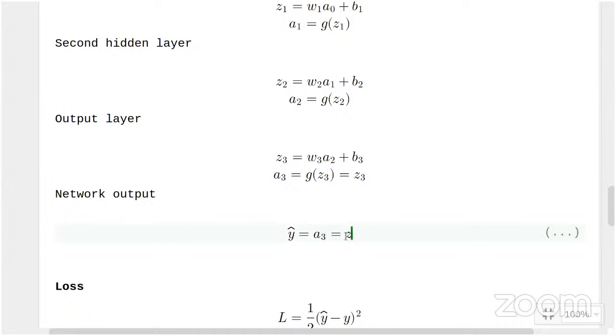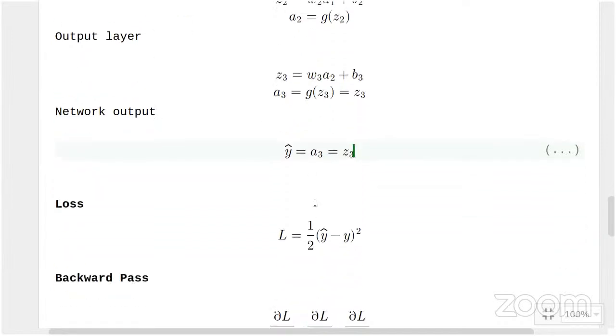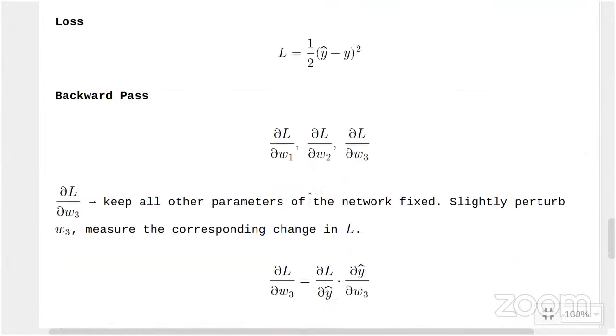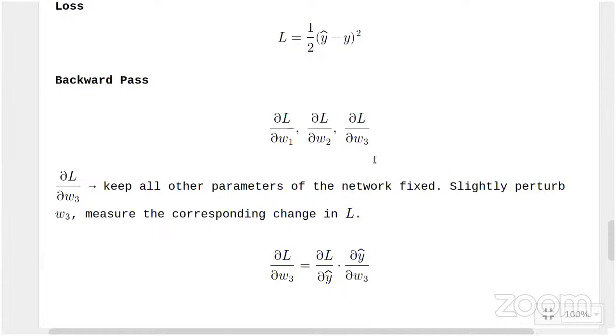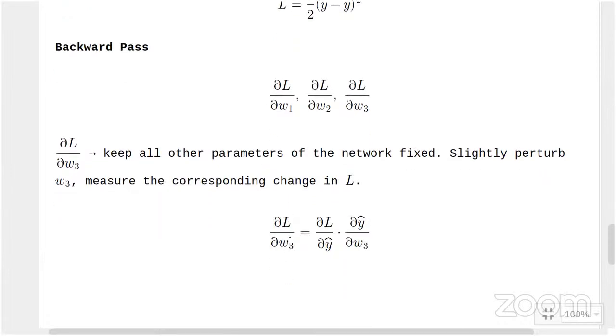So y hat depends on W3. If I move W3, I'm going to move y hat. If I move y hat, I'm going to move L. So I am chaining these dependencies together, and if I want to know how L changes with respect to W3, I can go via y hat.